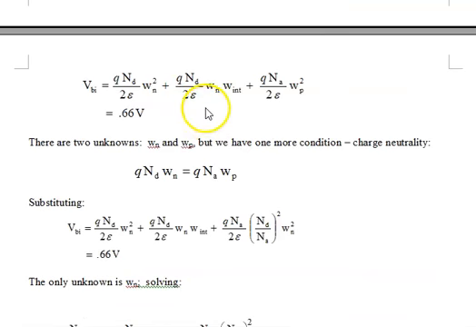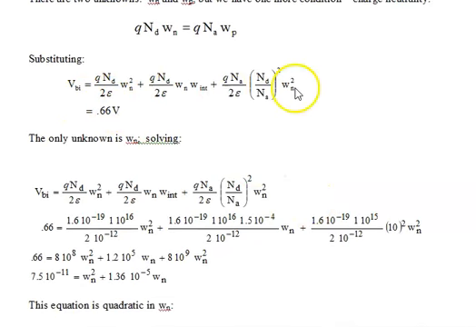So we can substitute in for WP, and we do that right here. Instead of WP squared, we substitute that in from here, and we have one equation with one unknown. It is W sub N, and here we put in everything that we know.